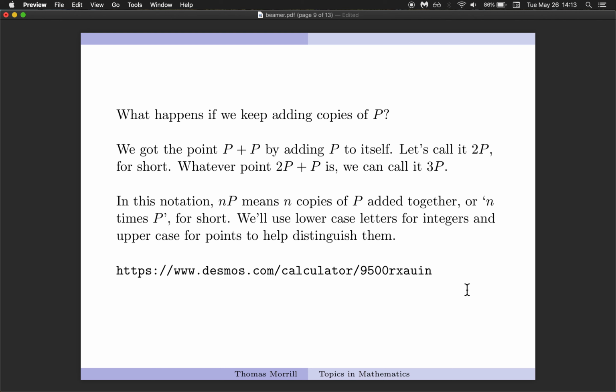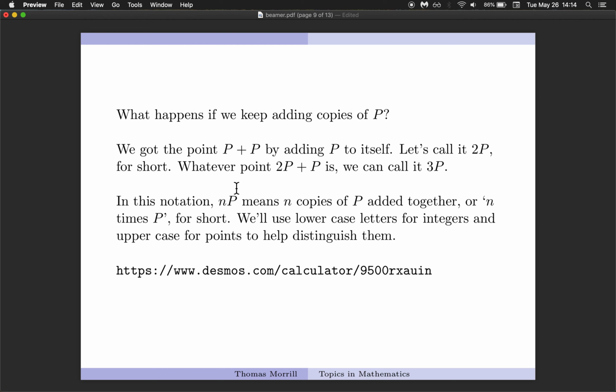So in my notation, I'm going to keep using capital letters to indicate the points on the elliptic curve. So this P is really an XY coordinate pair that satisfy the formula for the elliptic curve. And if I need to talk about some number of copies of P, I will use a lowercase letter to indicate an integer.